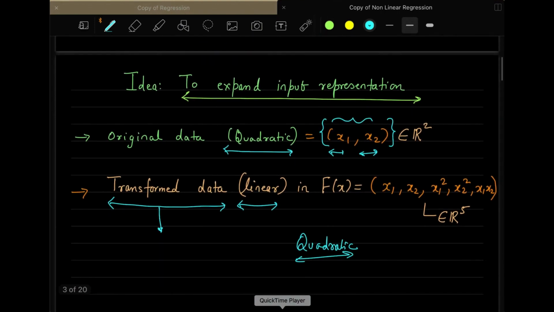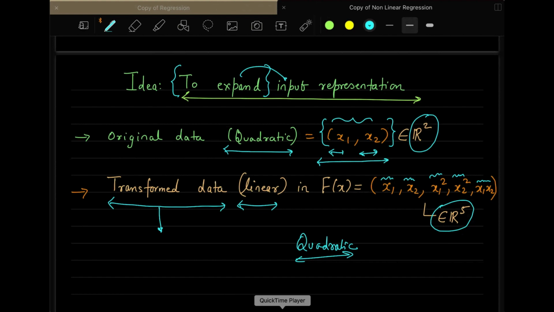So we have x1, x2, square of x1, square of x2, and then x1 x2. So now from two dimensions we have moved to 5 dimensions. You can see how the input is expanded. That's why I am writing here expansion of input space, because your input earlier was 2 dimensional, but now you expanded it to 5 dimensions.